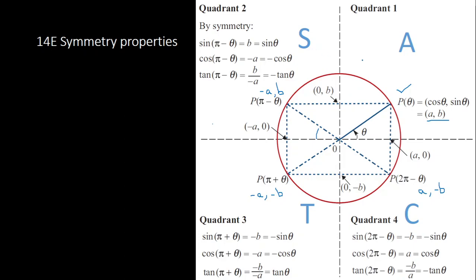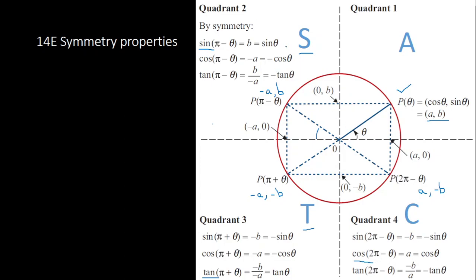A is for all, S is for sine, T is for tangent, and C is for cos.